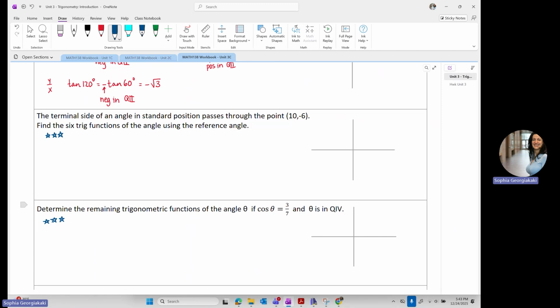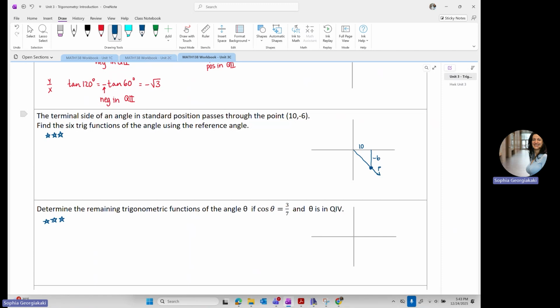So we have a terminal side of an angle in standard position that passes through the point (10, -6), and (10, -6) is in quadrant 4. So this is the terminal side, this is the point, and when I draw the triangle that attaches to the x-axis, the x-coordinate is +10 and the y-coordinate is -6.